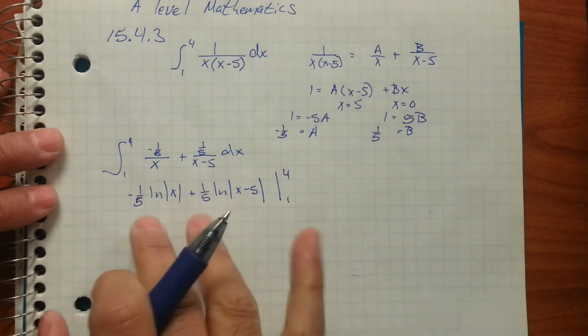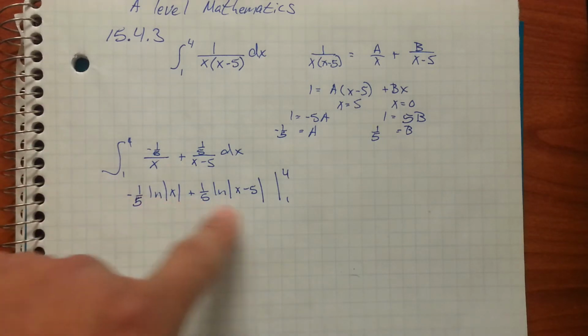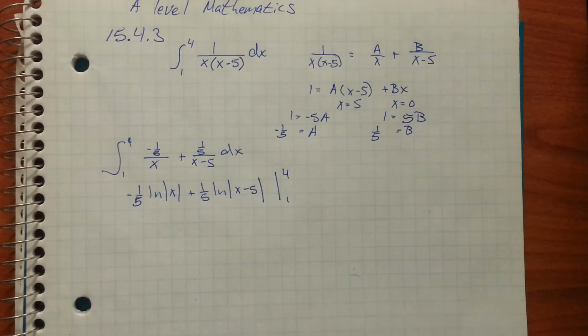I imply the absolute value here because, especially when we're dealing with ln, we cannot have any negative values. We might not end up having that, but just to make sure. This always has to be absolute value, because otherwise I'm going to get domain errors.